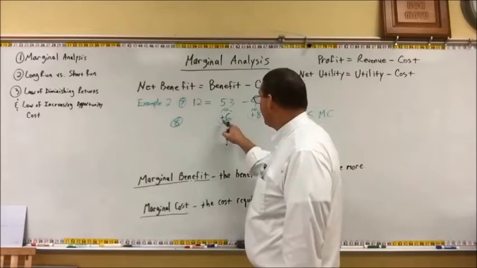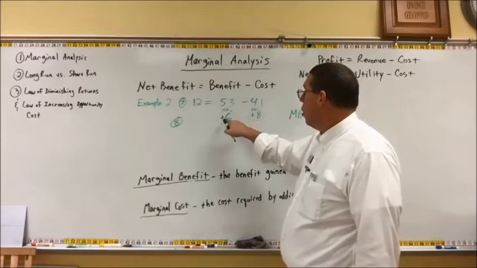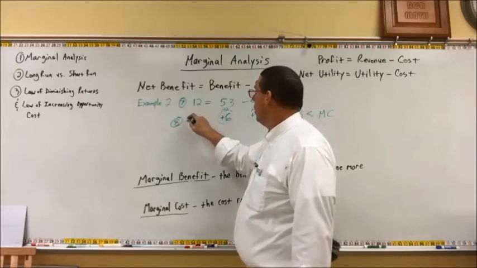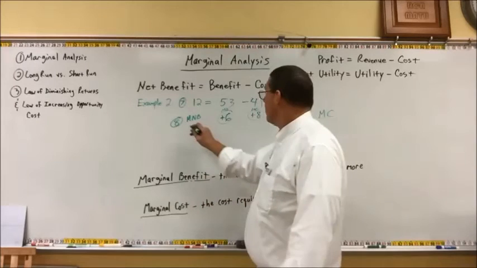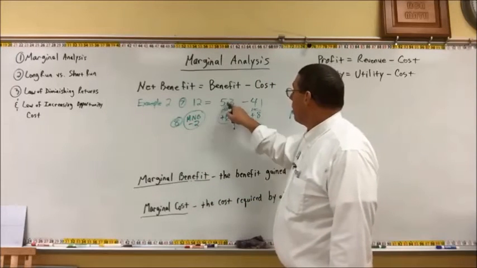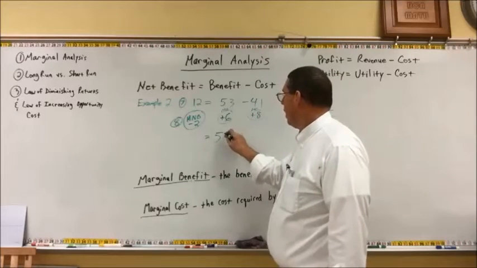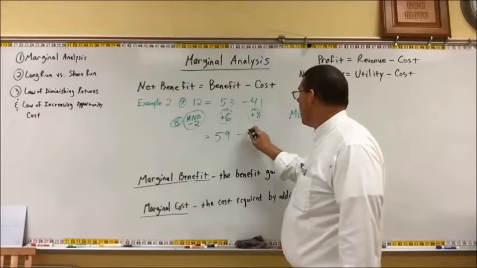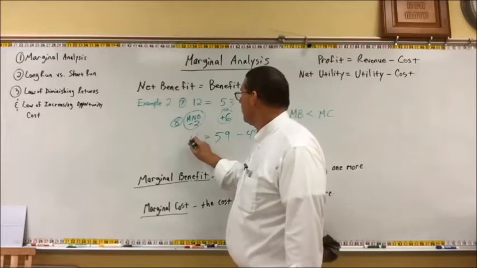So if we do 6 minus 8, our marginal net benefit is actually negative. It's negative 2, okay? And so our benefit becomes 53 plus 6 is 59 minus 41 plus 8 is 49, and 59 minus 49 is 10.